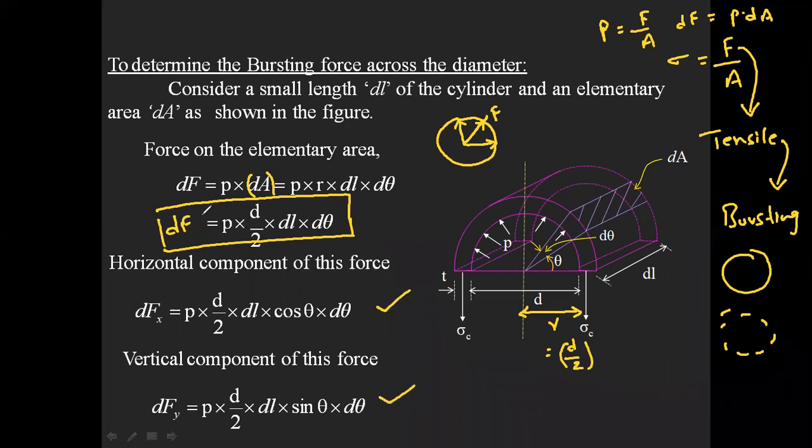This is how the radial bursting force was divided into horizontal and vertical components. Clear so far? Please, if one or two of you respond, I can continue.